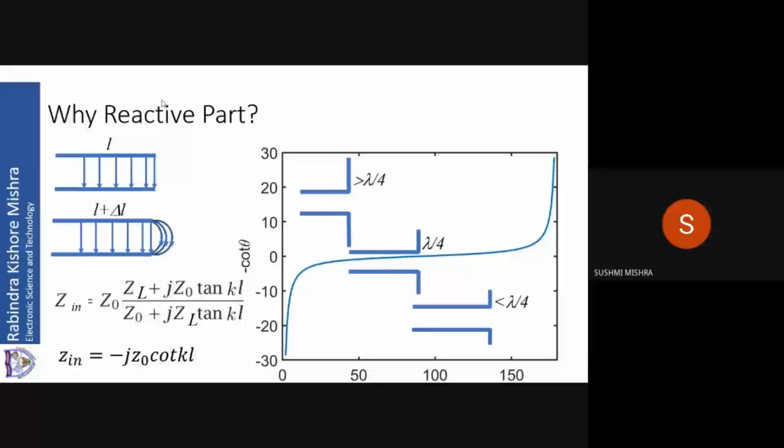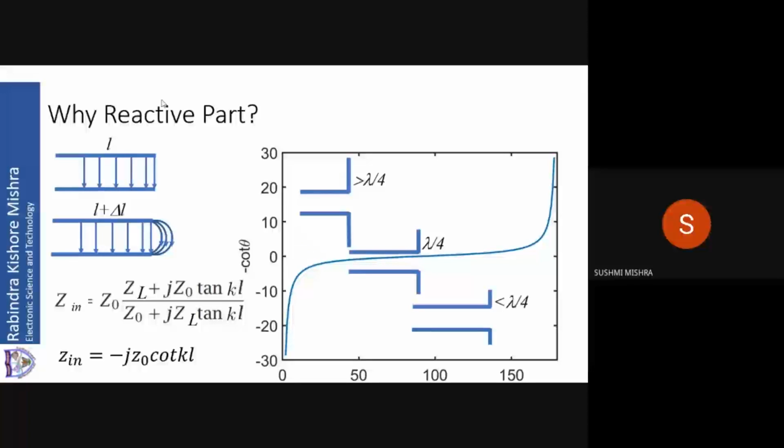I have done the curve for minus cot KL. Z0 is a constant. So I have drawn the value of cot KL as KL varies from 0 to 180 degrees.